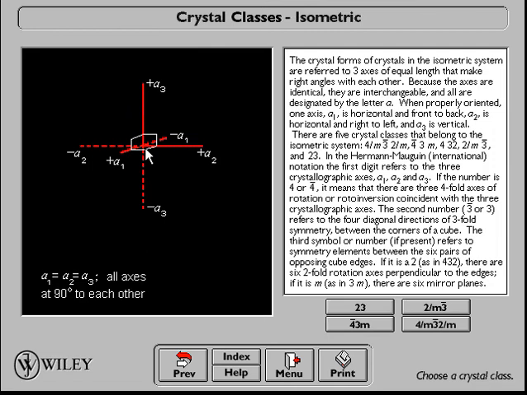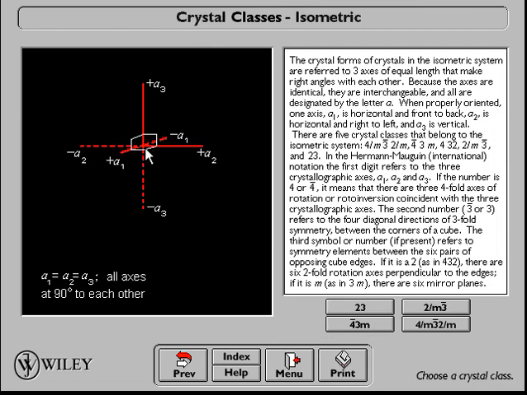Because the axes are identical, they are interchangeable and all are designated by the letter A. When properly orientated, one axis A1 is horizontal and front to back. A2 is horizontal and right to left, and A3 is vertical.